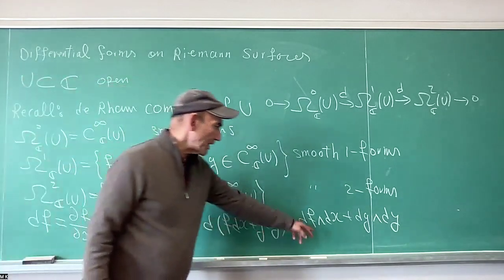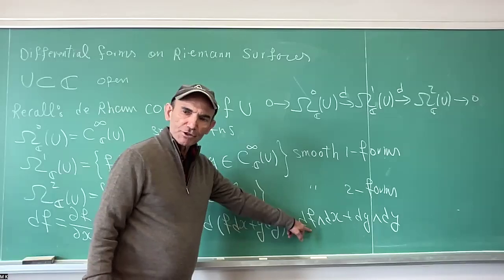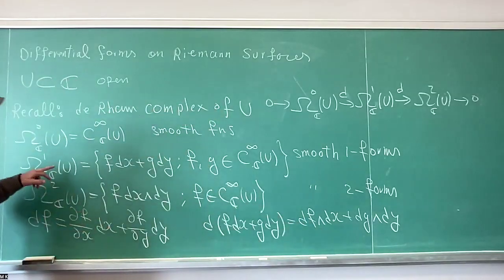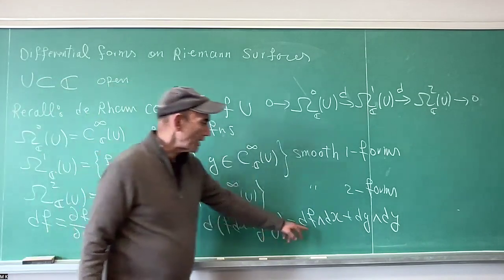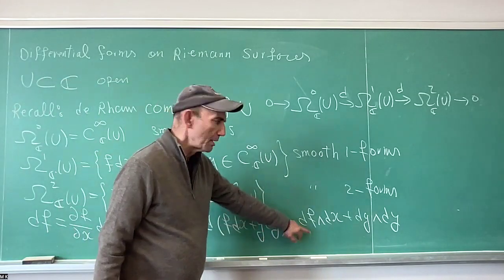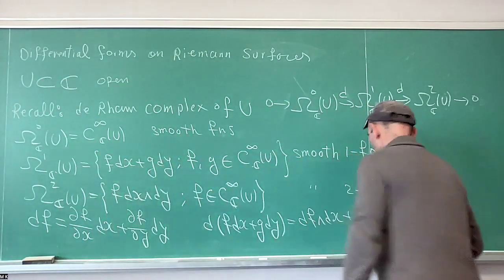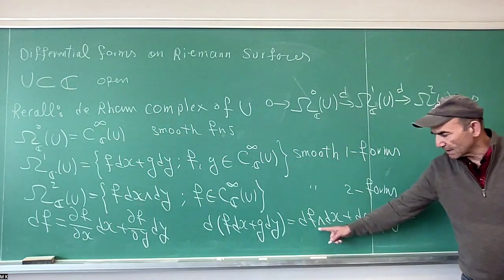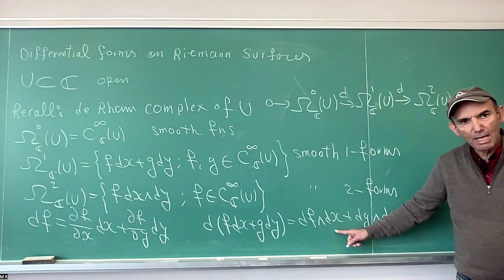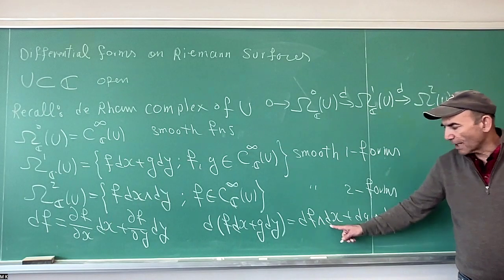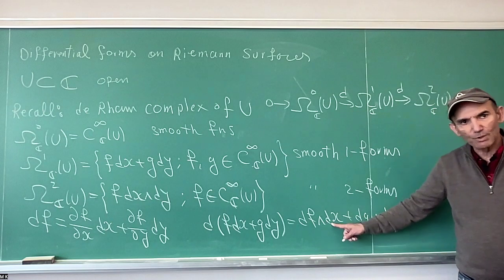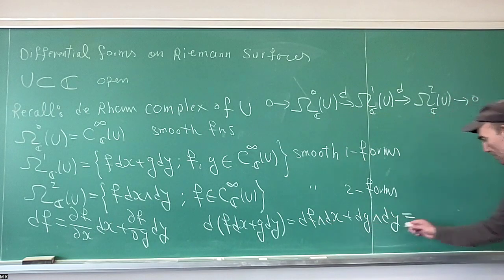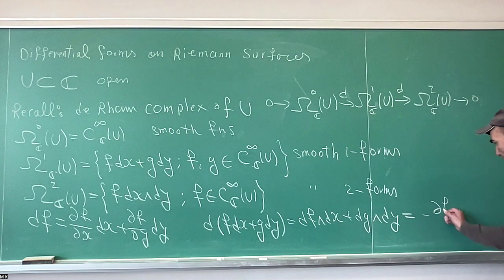If you go through this definition using the first step, you can write this in terms of dx wedge dy. So this is partial f with respect to x dx, which wedge dx is 0, and then with respect to y becomes dy wedge dx, but that's minus dx wedge dy. So this first term is minus partial f partial y dx wedge dy.